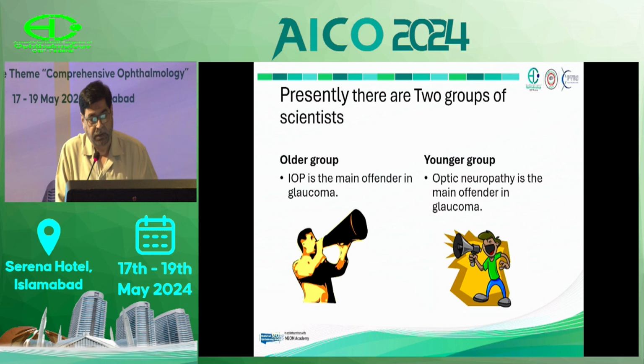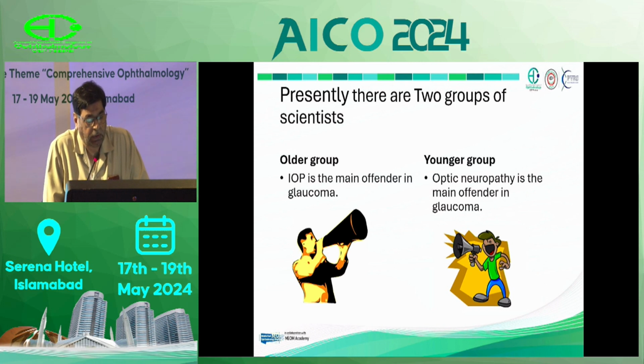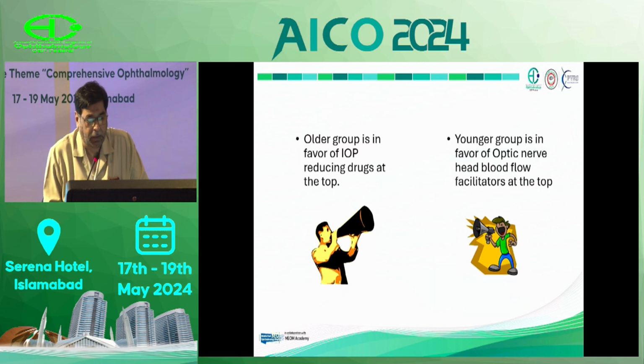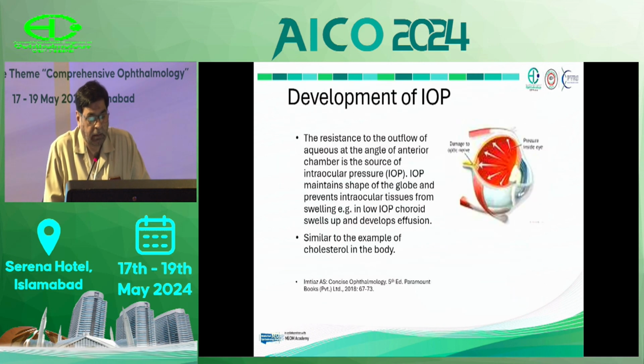There are presently two groups of ophthalmologists. The older group believes IOP is the main offender in glaucoma, and the younger group believes that optic neuropathy is the main offender. In the eye, IOP behaves like cholesterol in the blood.